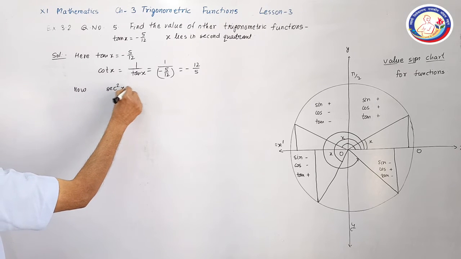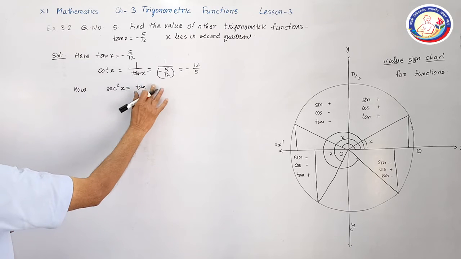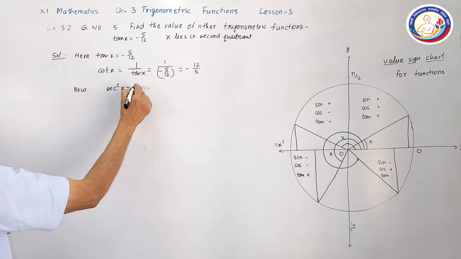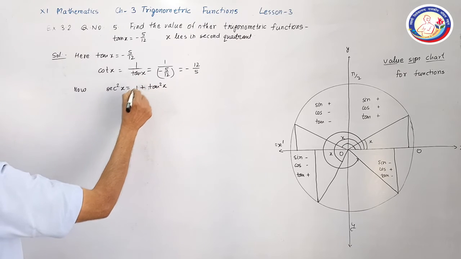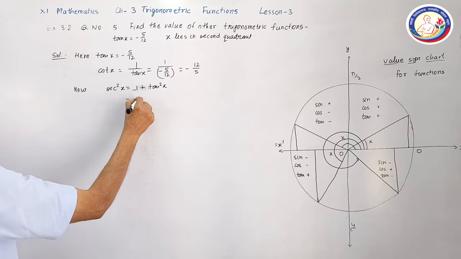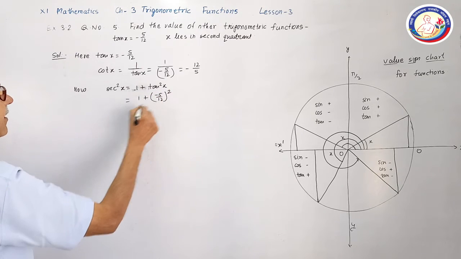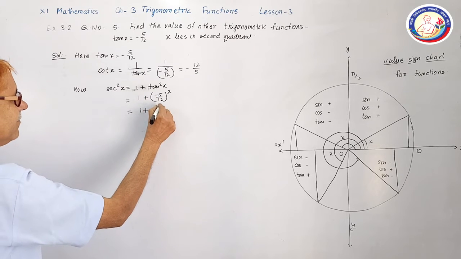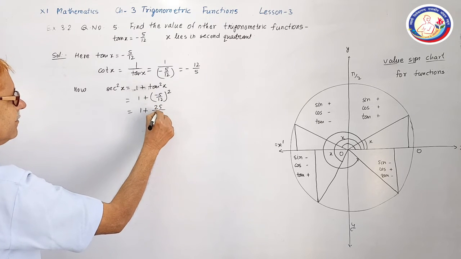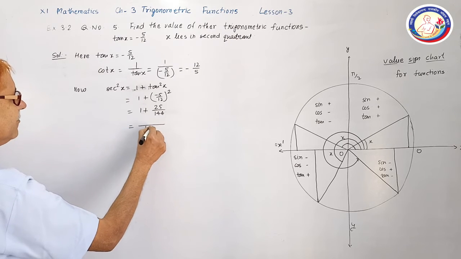Now sec square x is equal to 1 plus tangent square x. I am writing directly 1 plus tangent square x. Put the value of tangent here, 1 plus minus 5 by 12, its square. 1 plus, this is 25 upon 144. Take LCM 144.